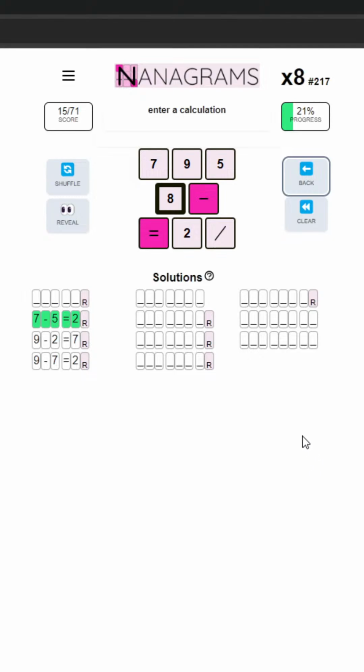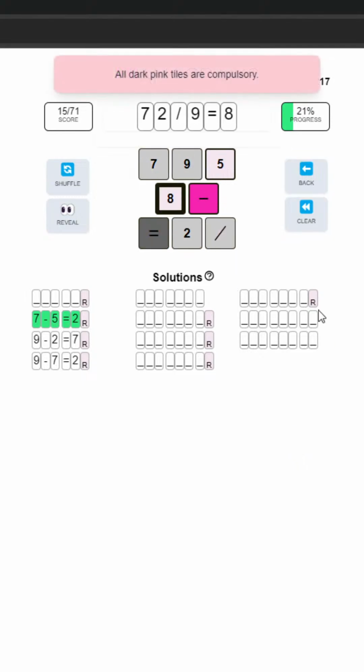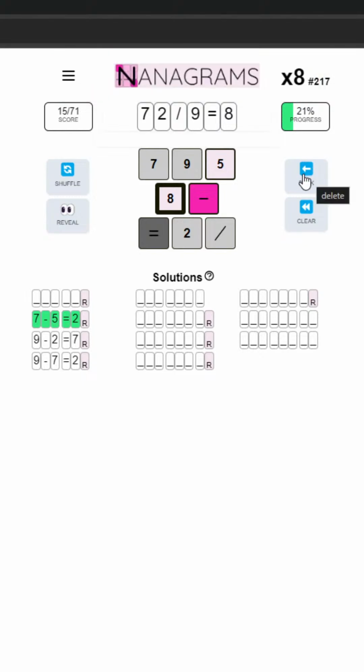Hmm. 72 divided by 9. 72 divided by 9 does equal 8. Oh, but I have to use the negative, or the minus.